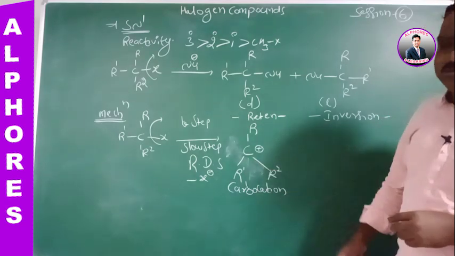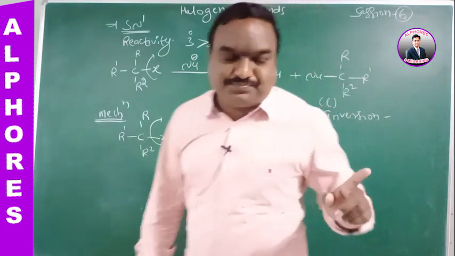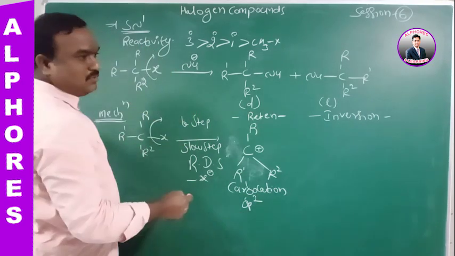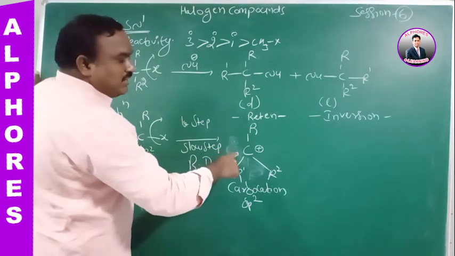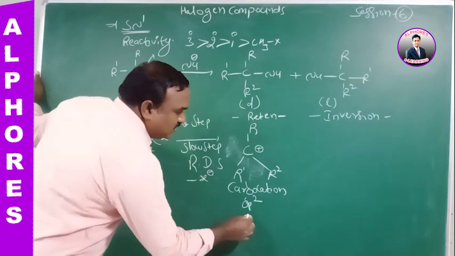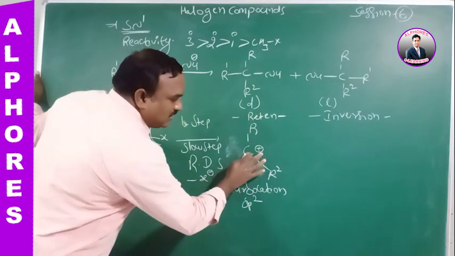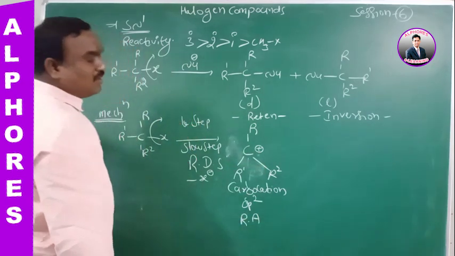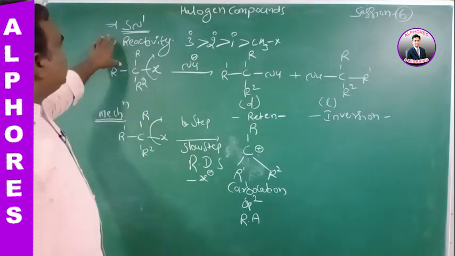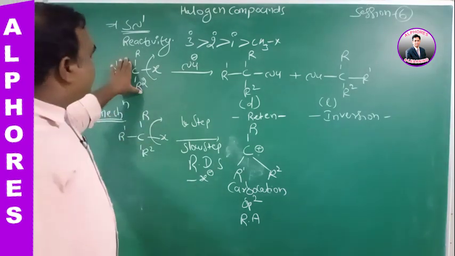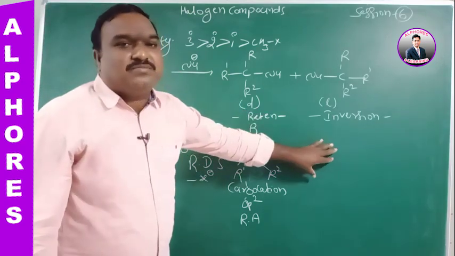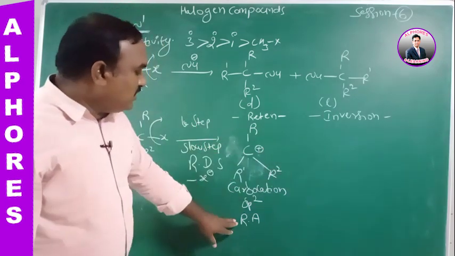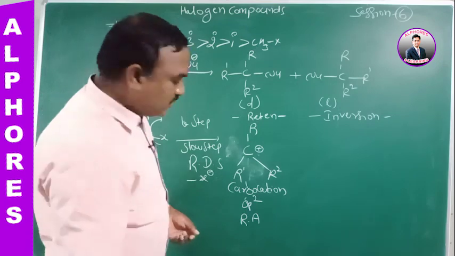If the intermediate is a carbocation, rearrangement is possible. So in SN1 reactions, based on this substrate, we can write the final product. Since rearrangement is possible, we have to give priority to that.